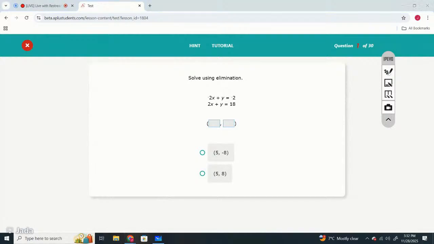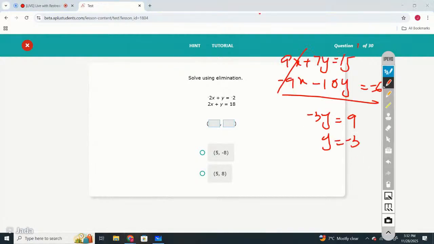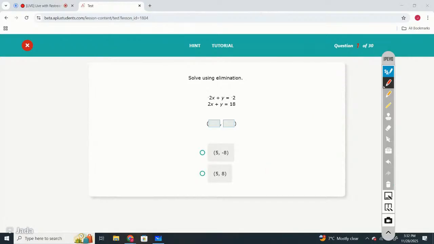Wait, we need to add both the equations, because adding means we can eliminate the variable x, right?